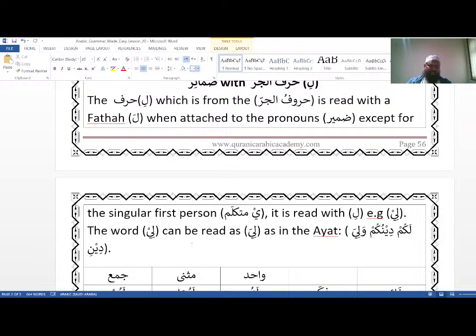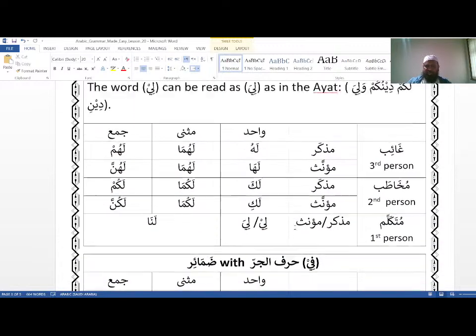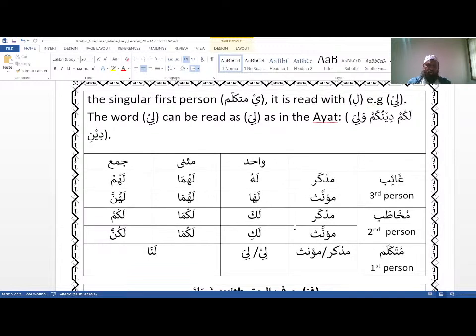The word li can also be read as liya. You can put the fatha on the ya, as in the ayat, lakum dinukum waliya din. Quickly, let's go through. So, lahu, lahuma, lahum.